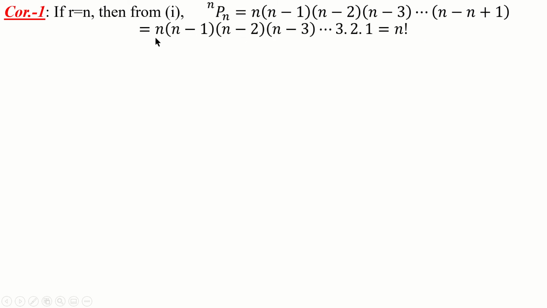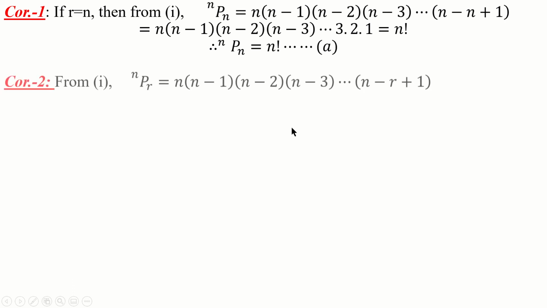That means this equals 3 into 2 into 1, which equals 1. This is the product from n to 1, and we know the product from n to 1 means n factorial. Clear? Therefore nPn equals n factorial.